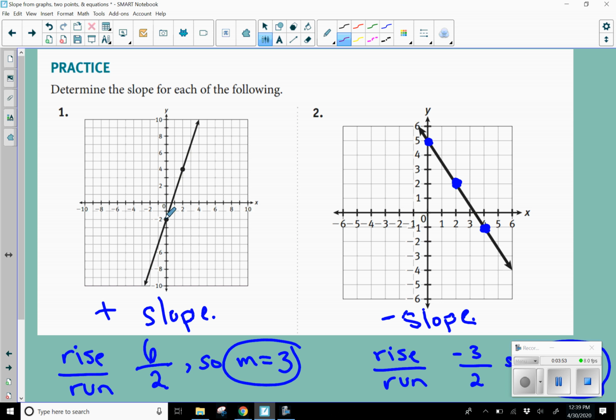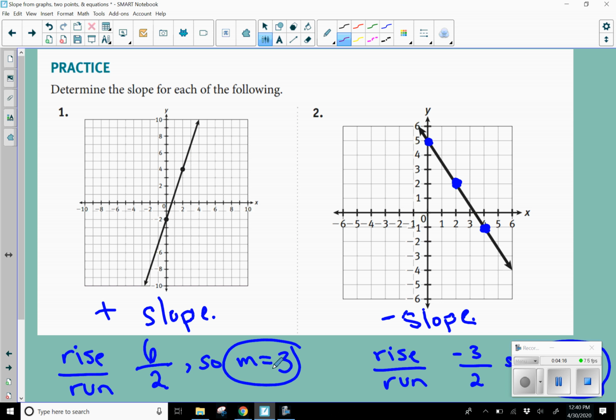Now we're going to count our vertical change. So going from -2 up to +4 is 1, 2, 3, 4, 5, 6 units. So +6 is my rise. And then I'm going over 1, 2 units to the right, which makes my horizontal change or my run 2. 6 over 2 is the same thing as 6 divided by 2.